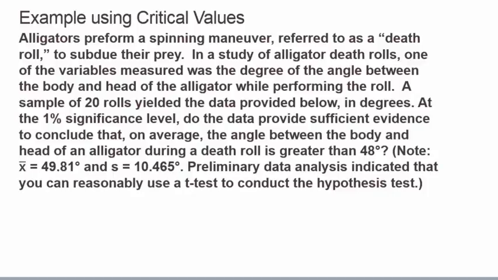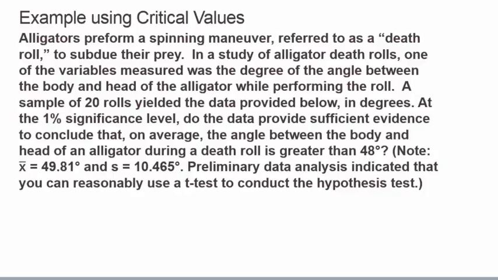At the 1% significance level, do the data provide sufficient evidence to conclude that on average, the angle between the body and the head of an alligator during a death roll is greater than 48 degrees? Note, X bar equals 49.81 degrees and S equals 10.465 degrees.